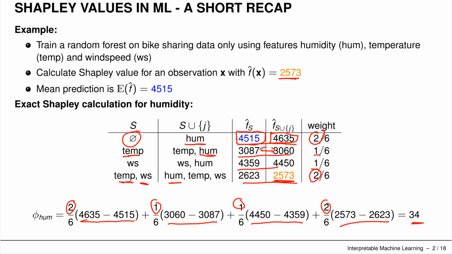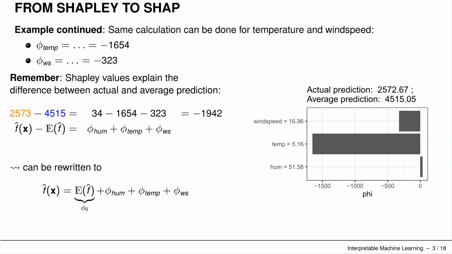So you can already guess that the other two features will have a negative Shapley value, because we are quite low compared to the expected value. And so the temperature gets quite a low value, minus 1,600, and the wind speed minus about 300.